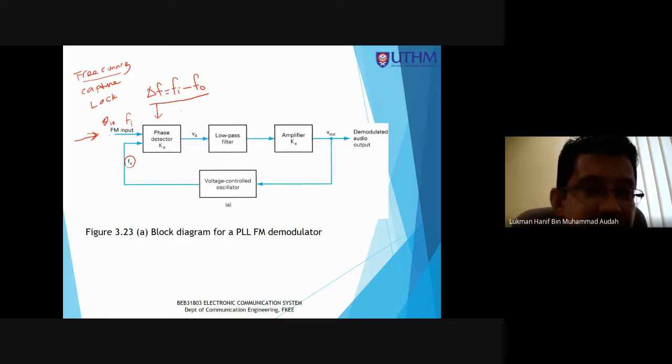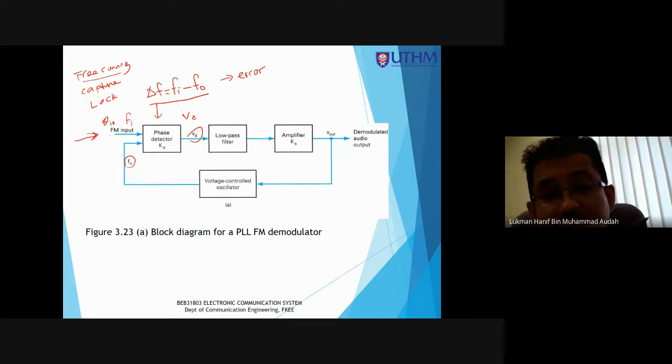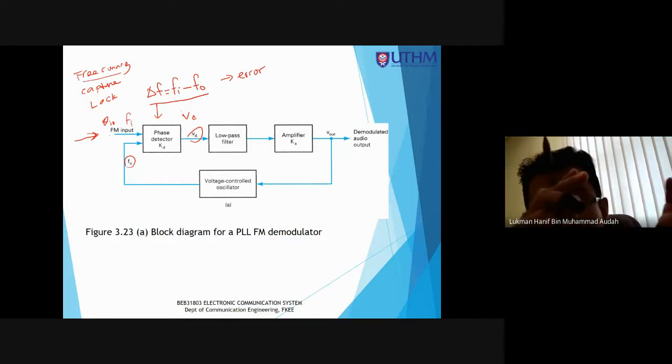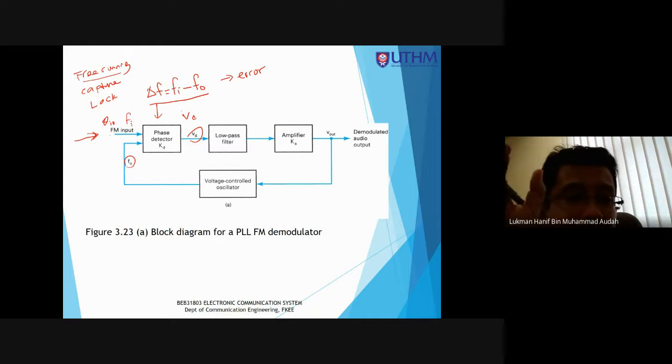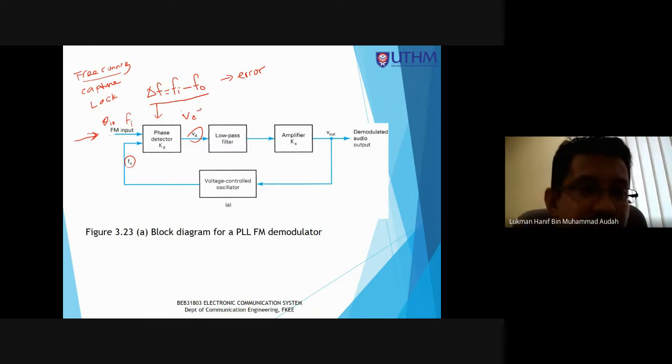So VD di sini adalah bersamaan dengan delta F, juga dipanggil sebagai error. Delta F error maknanya perbezaan berapa banyak. So VD here is equal to delta F multiplied with KD, phase detector transfer function.